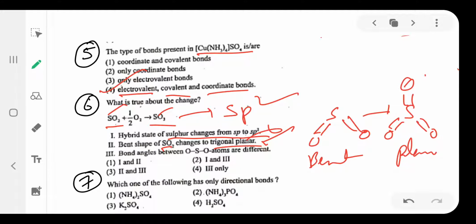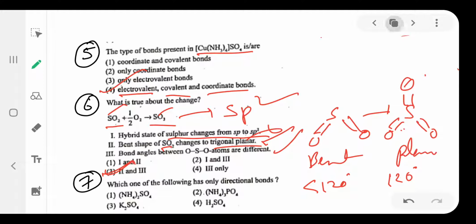Next, the bond angle between the O-S-O atoms is different. Here the bond angle is less than 120 degrees. Here the bond angle is exactly 120 degrees. So option 3 is also correct. Options 2 and 3 are both correct. The option is 3.